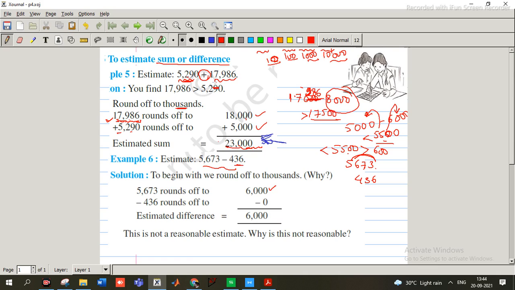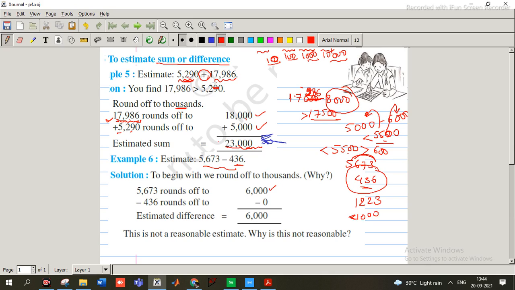But what about this number? This is not qualifying to round off to the nearest 1000. Suppose it would have been 1223, I might have rounded it off to 1000, but actually it is less than 1000.